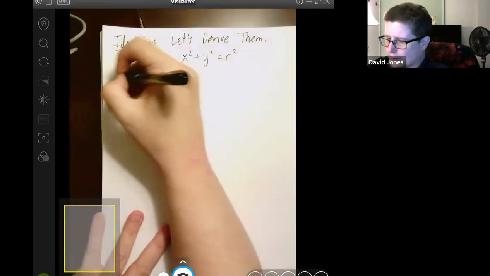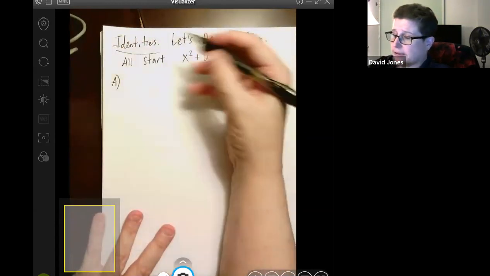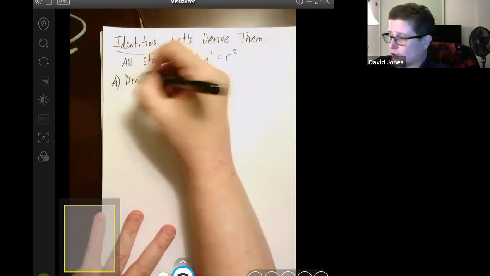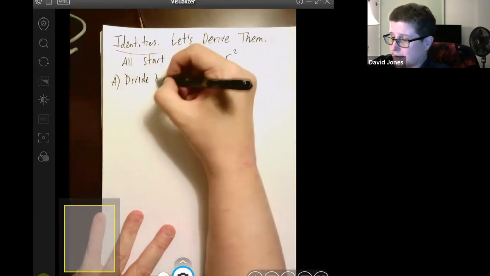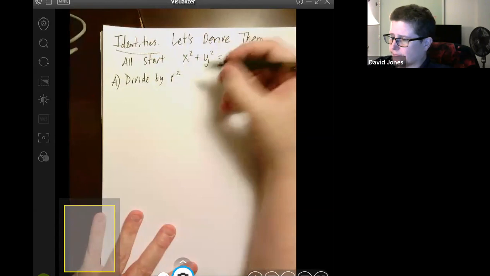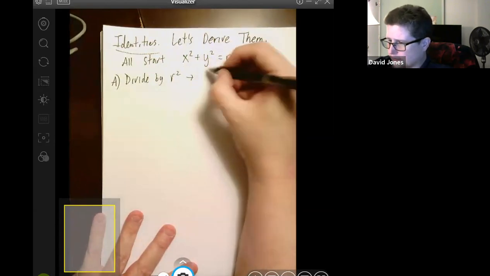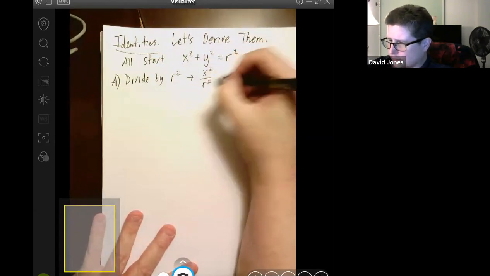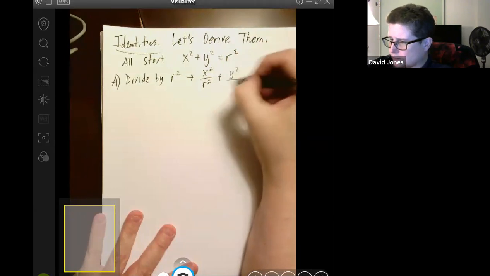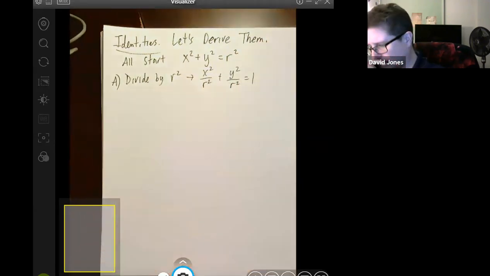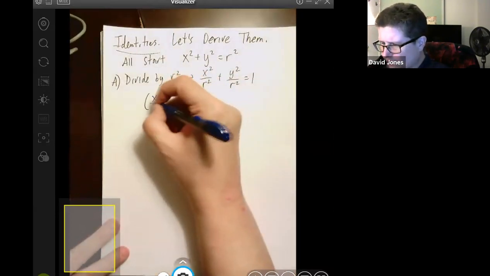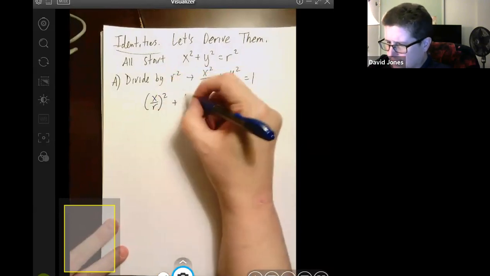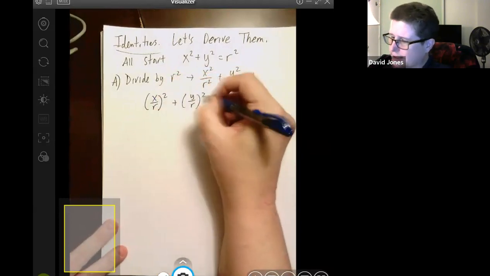Okay, so for option A, divide by r squared. But this is x over r squared plus y over r squared equals 1.